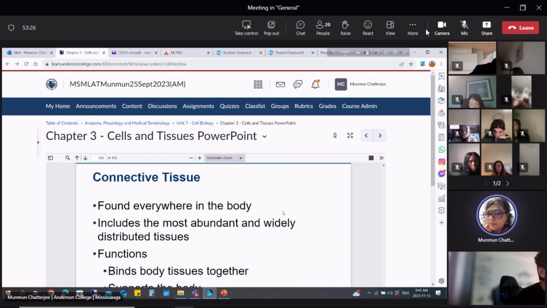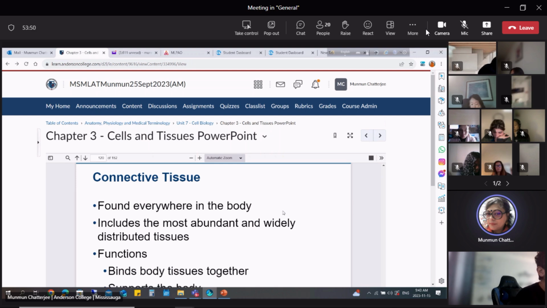Connective tissue. The name tells it connects. What does it connect? It connects everything inside the body. Everything needs to be connected, so it's found everywhere in the body. It is the most abundant and widely distributed tissue because the whole body needs connection.